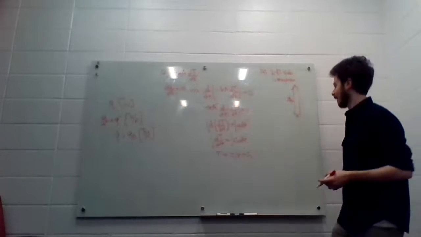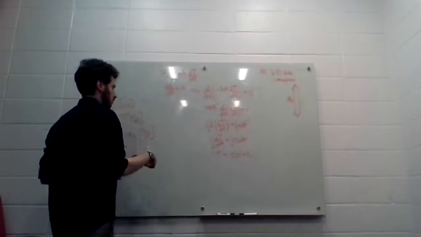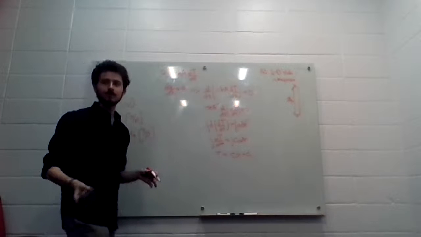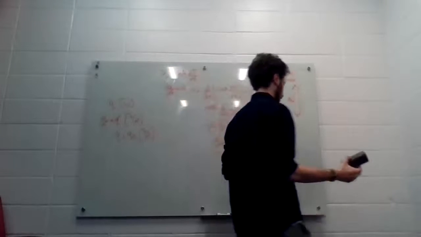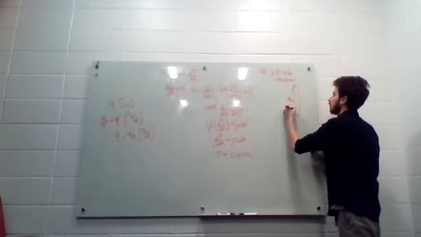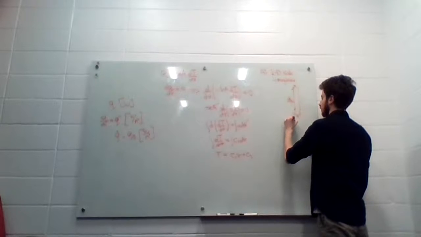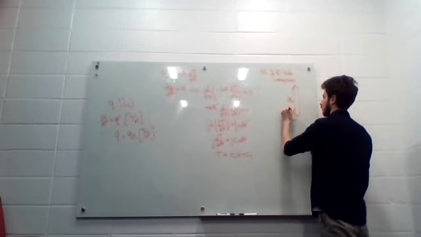C1 and C2 are not that interesting, so we're now going to add a little bit more detail to the problem and apply some boundary conditions. We're going to say at x equals 0, T equals T1.